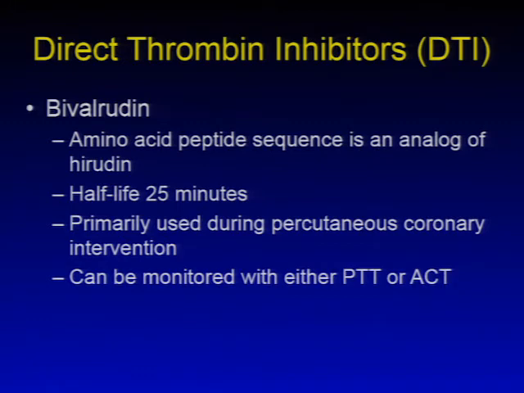Bivalirudin is an amino acid peptide sequence that's an analog of hirudin. Short half-life, about 25 minutes, primarily used during percutaneous coronary intervention by our cardiologist colleagues, can be measured and monitored with either PTT or ACT.